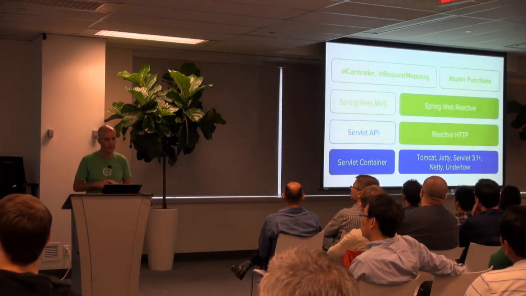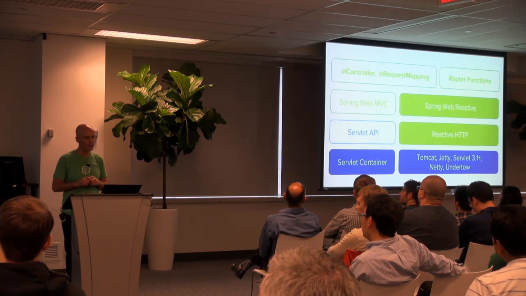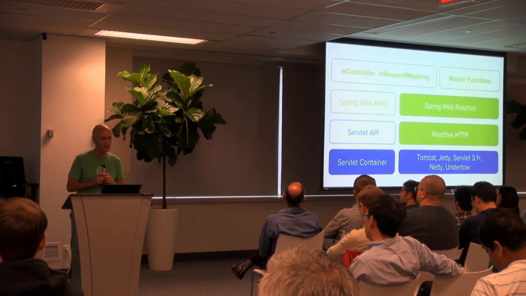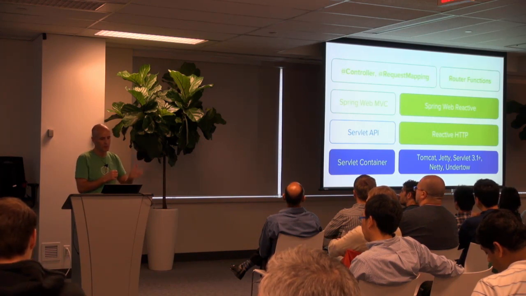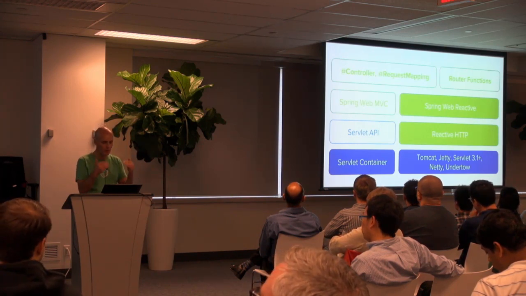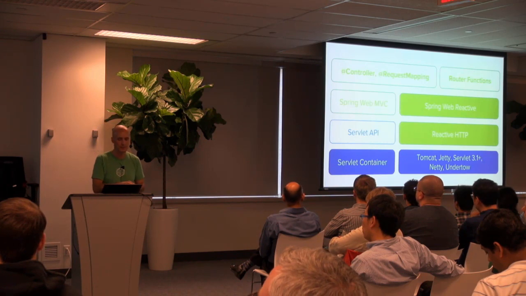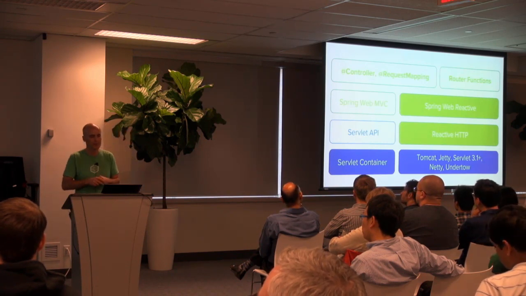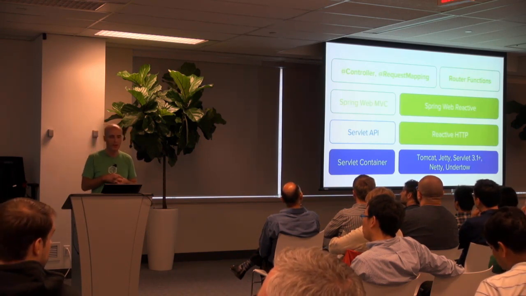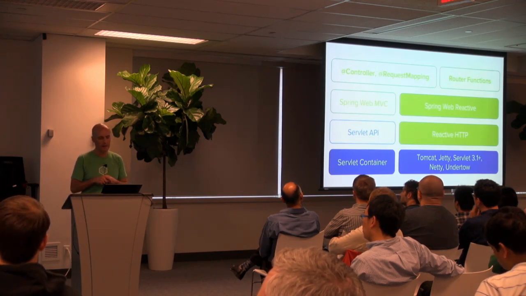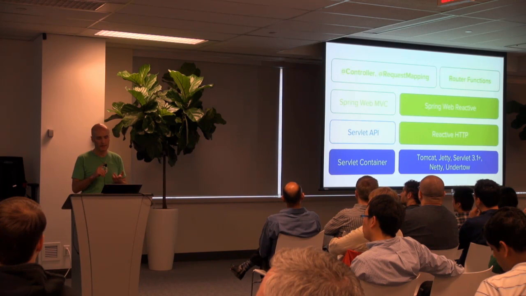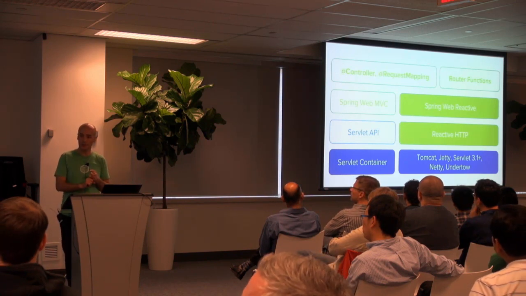Again, you saw this diagram earlier, I think. Basically, we still have the Spring MVC support on the left-hand side that's going through the servlet API down to any servlet container. And on top, we support the annotated controllers. And on the right, you see our new runtime stack, which is we support Tomcat, Jetty, will adapt to any servlet 3.1 container.